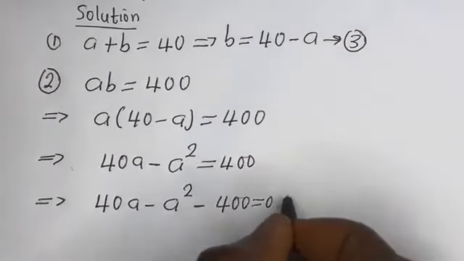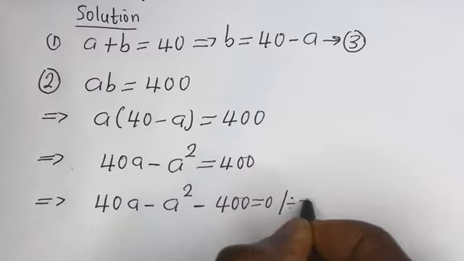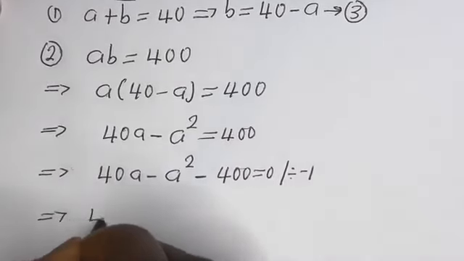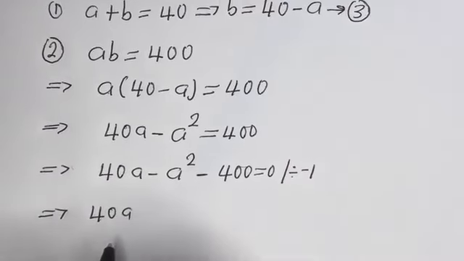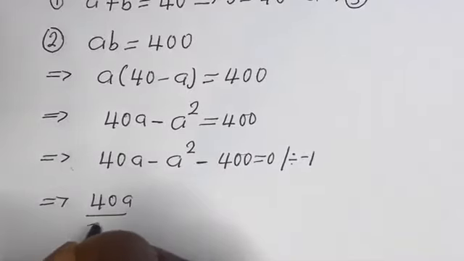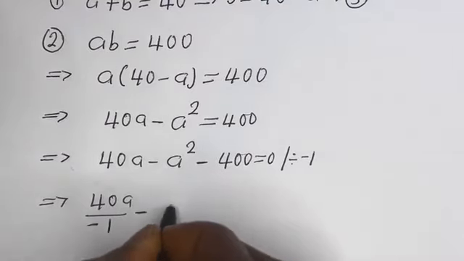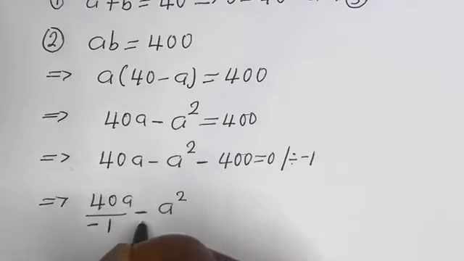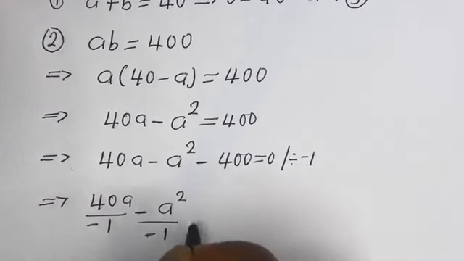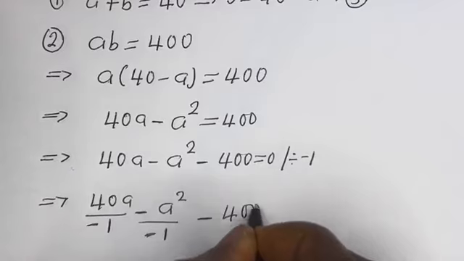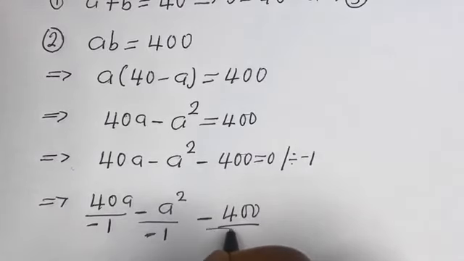At this point, let us divide all through by minus 1. Then this is 40A divided by minus 1, minus A square divided by minus 1, and then minus 400 divided by minus 1.